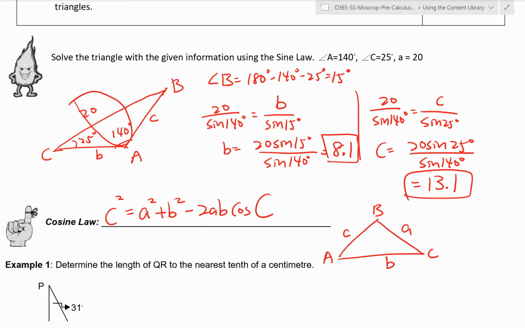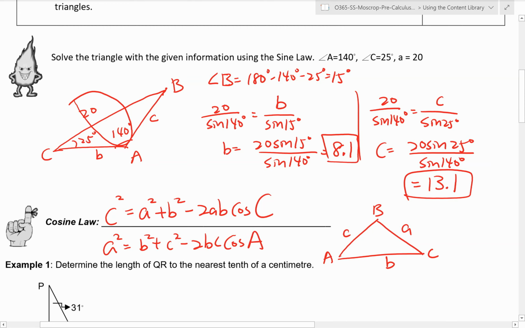Obviously you can interchange these side lengths. For example, you can write this as A squared is equal to B squared plus C squared minus 2BC cosine of A. You can just interchange any of these sides or angles. That's fine, it's going to work.